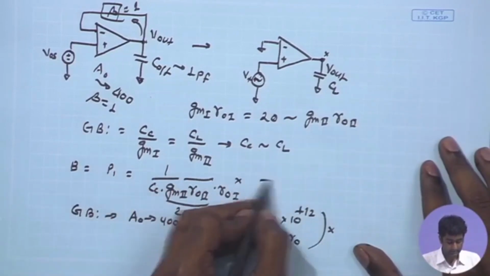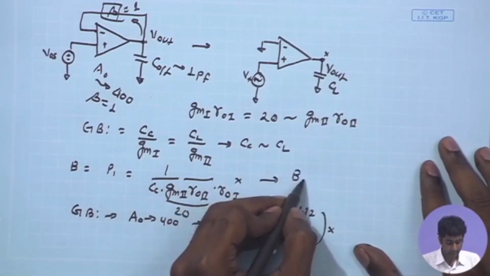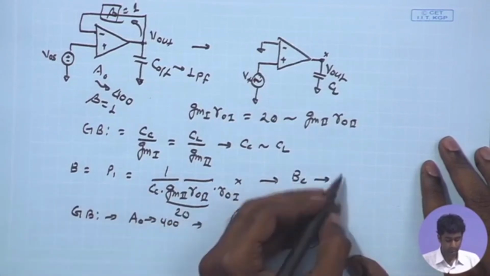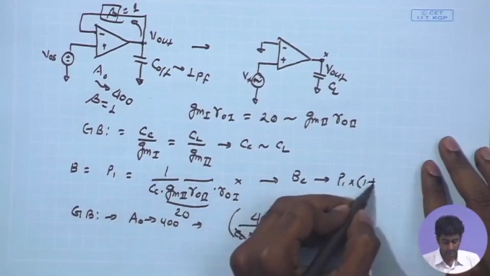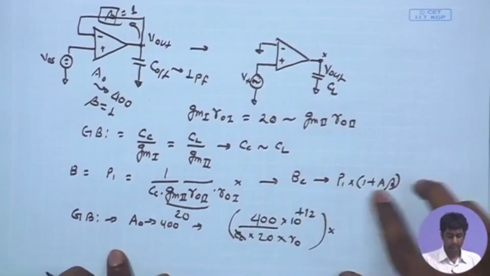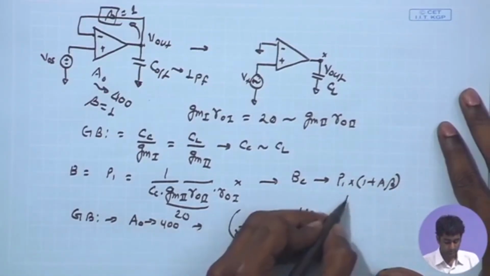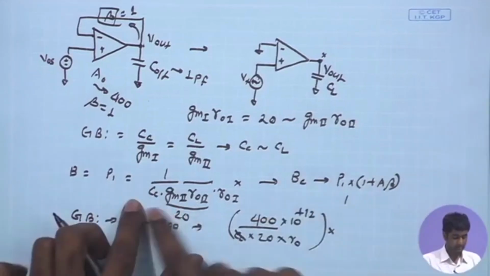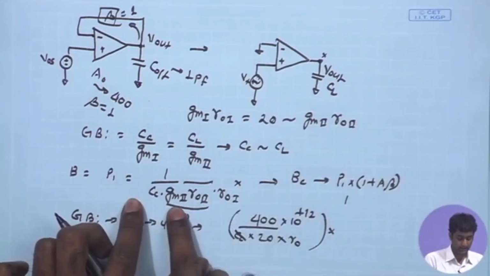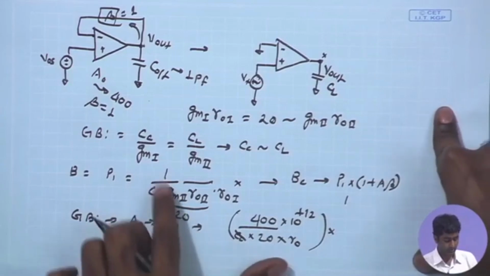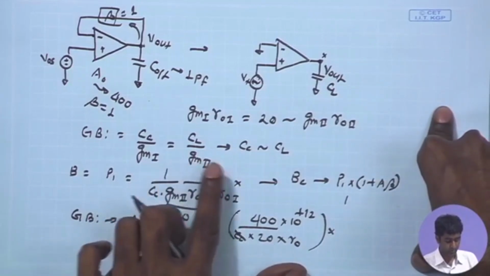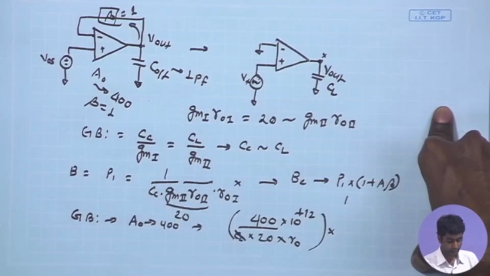Therefore, I will multiply P1 times 1 plus A beta, which is just A times P1, and this is P1 multiplied by the overall A, which is GM1 RO1 GM2 RO2.